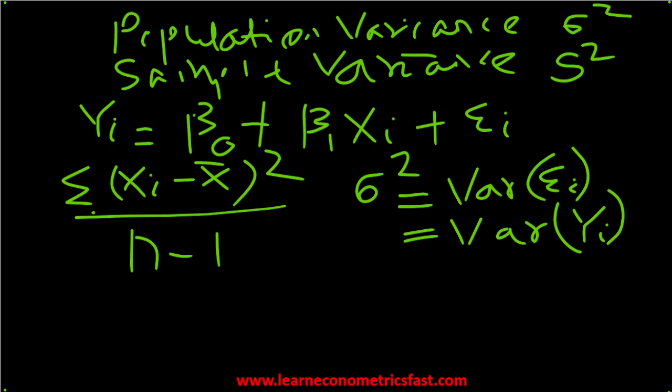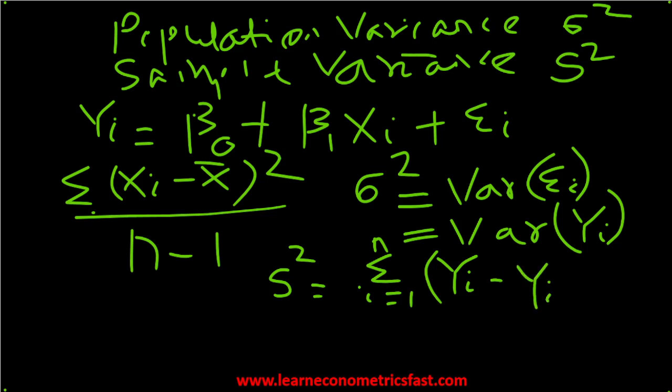So S square is equal to summation i goes from 1 to n of yi minus yi cap, whole square. Yi cap is the predicted value.